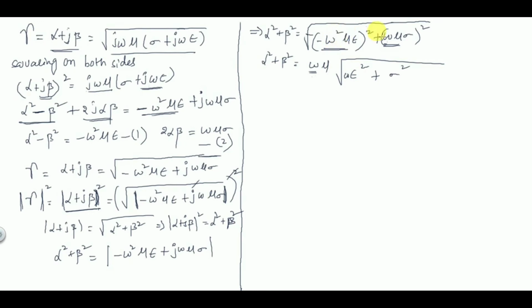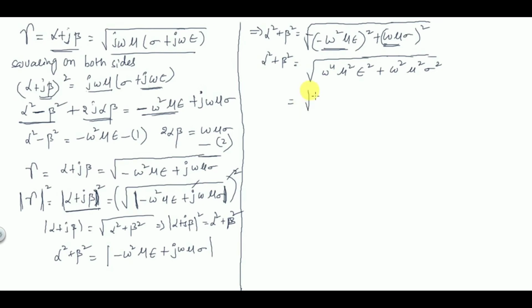Here omega square whole square is there. Let me write one more step, then you'll understand clearly, I don't want to confuse you. So the root of minus omega square mu epsilon whole square can be written as omega to the power of 4 mu square epsilon square, plus omega square mu square sigma square.